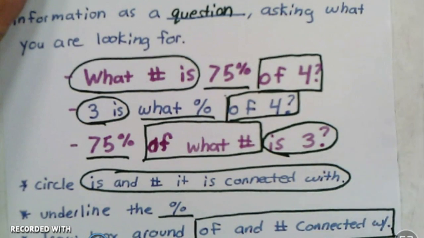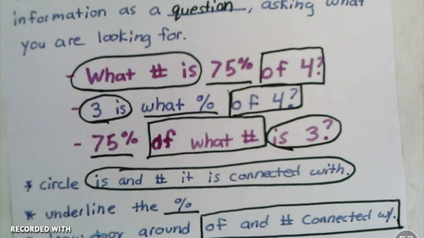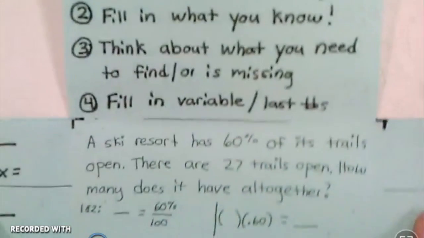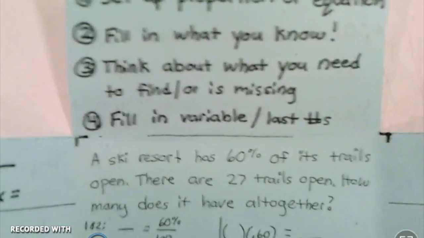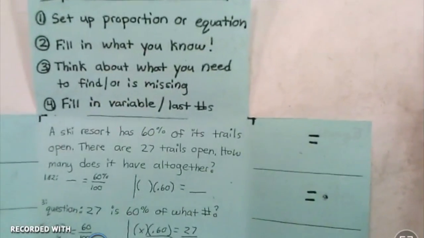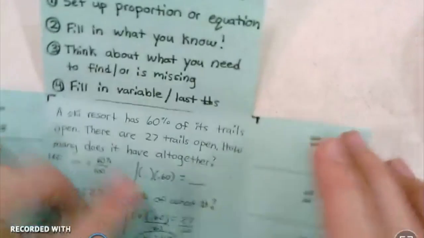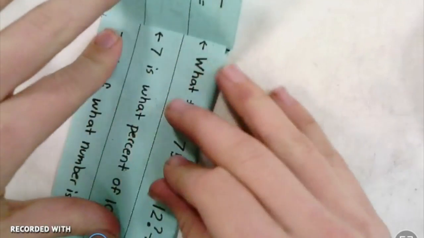Okay, so now what's so cool, once you've identified those parts, it's going to go into a little proportion or equation. And I want you to take out your foldable. Right now, your foldable looks like this. Hold on. And we need to fold it the right way. So what you're going to do first is take this flap. You need this side up with the tips for word problems. And you're going to fold this flap down till the bottom touches there.